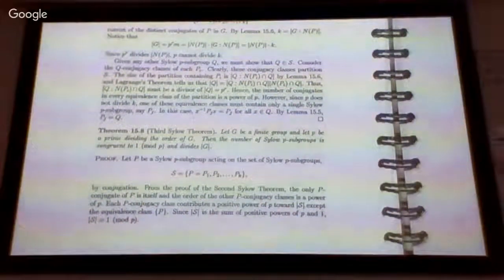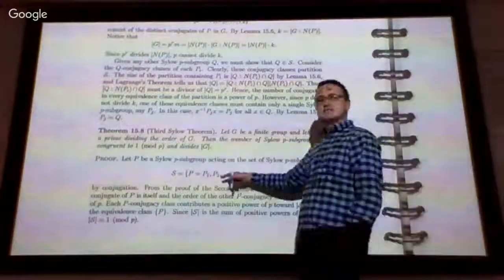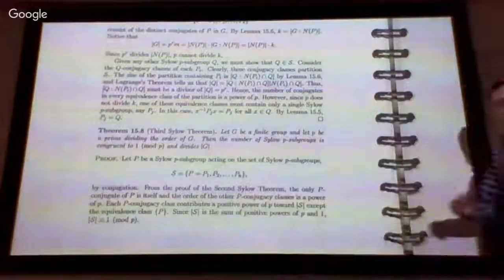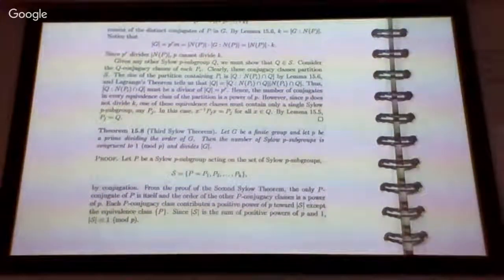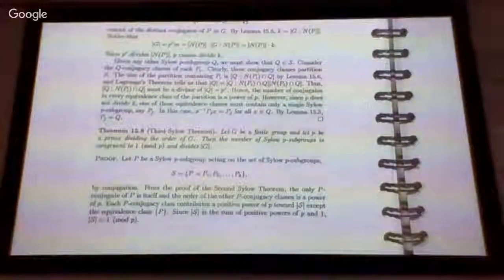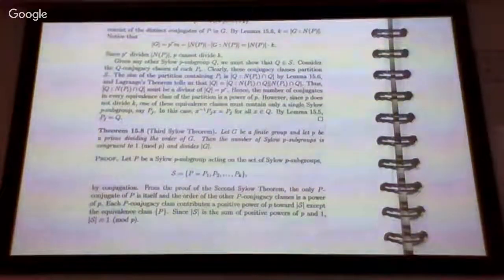Remember, these are all different subgroups. So there must be at least a few things in Pj that are not in P. The E is always in the intersection of any two subgroups. There might be more stuff, but because Pj is distinct from P1, there must be some other element. So what do those other elements do?